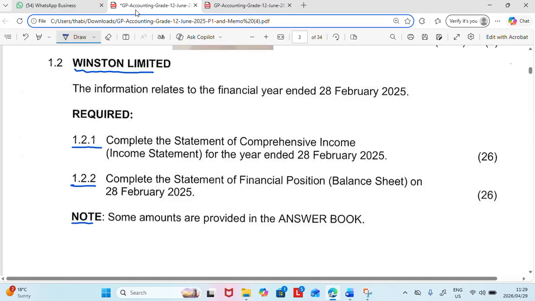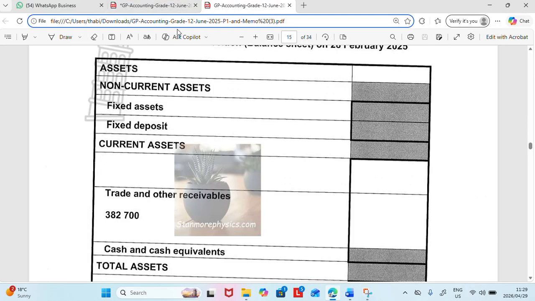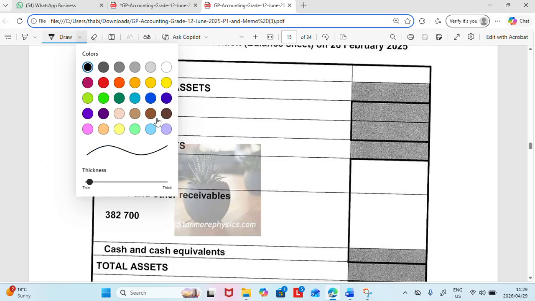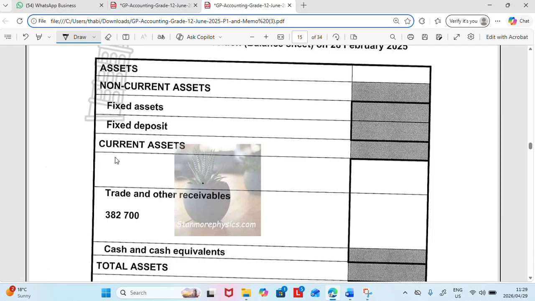So let's get started. So the balance sheet, guys, obviously it starts with assets. Assets will be non-current assets. So non-current assets, guys, we are not completing that section. We are completing the current assets section. So current assets from this example, guys, I did check the example. We need to firstly calculate inventory.